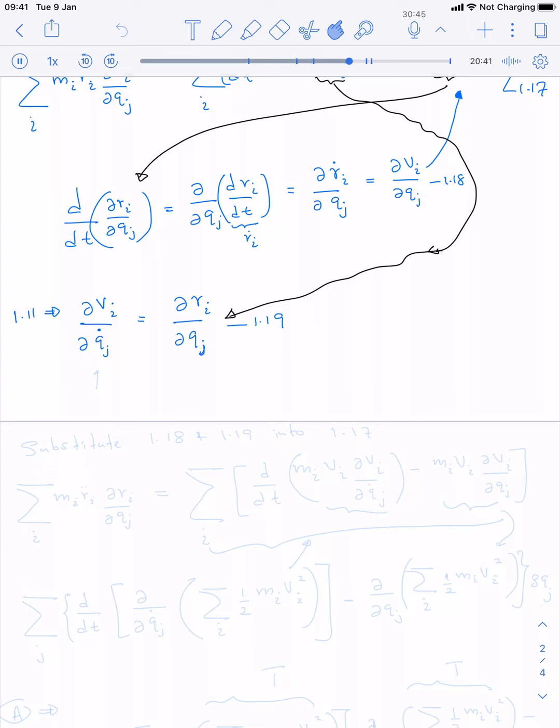So let me write it here. Substitute 1.18 and 1.19 into 1.17.